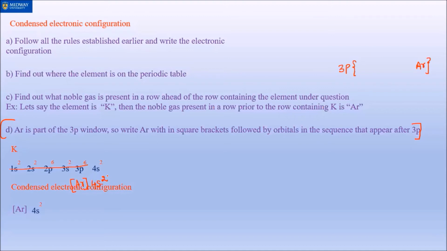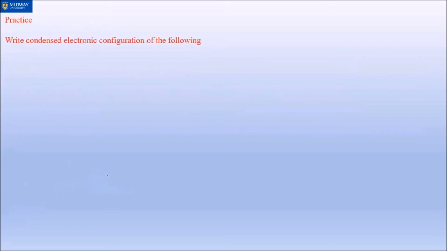Rule D is essentially what makes a condensed electronic configuration, and I've explained it. So let me do it for strontium 2+. If you go back and look at the periodic table or the chart I have given you, strontium is in row 5.